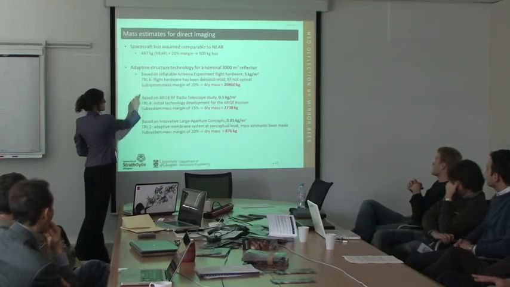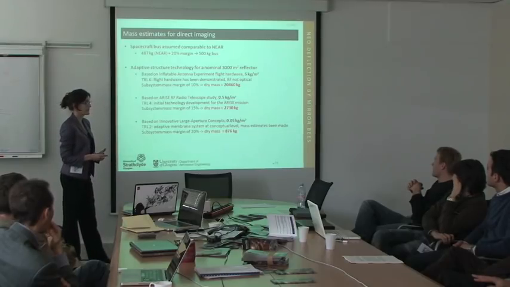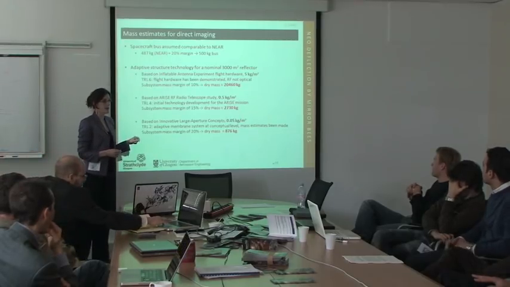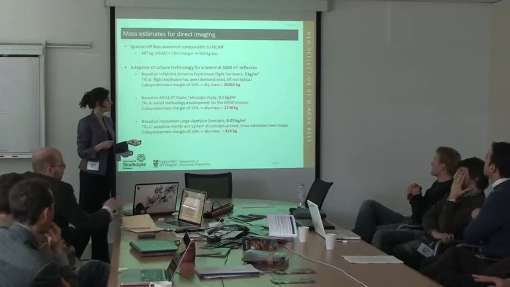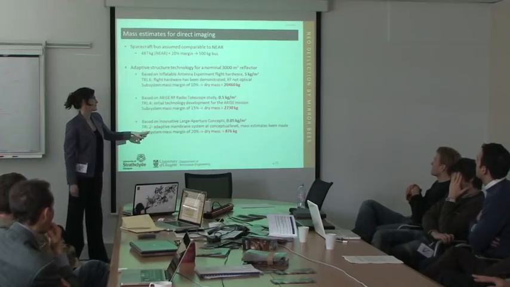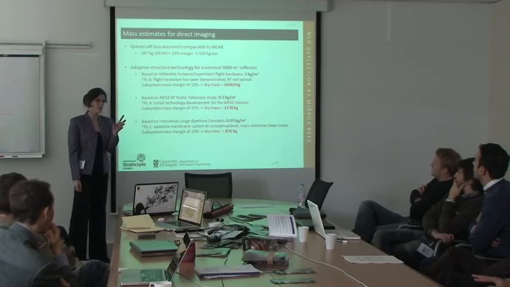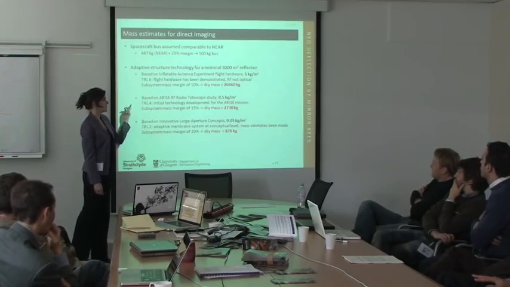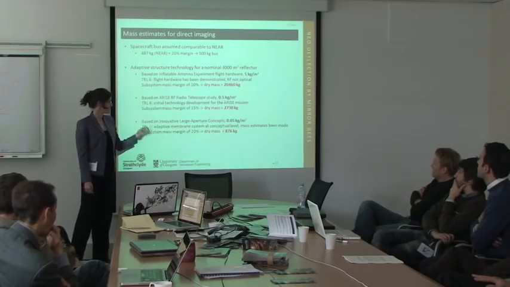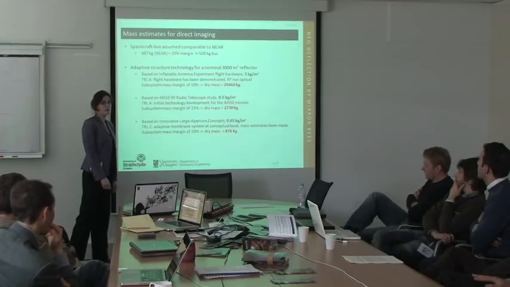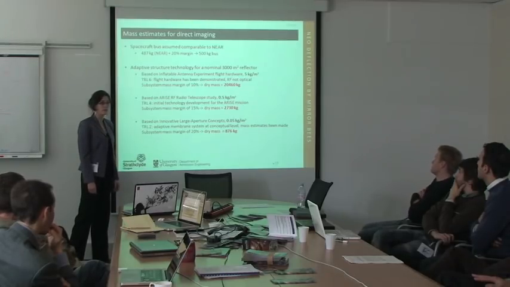So based on this one, which is TRL 6, it's 20,000 kilograms per spacecraft. They go down by a factor of 10. So with 0.5 kilograms per meter squared for the density of the material of the reflector, it's about 2,700 kilograms. And this one, albeit it's a TRL 2, gets down to about 800, 900 kilograms.